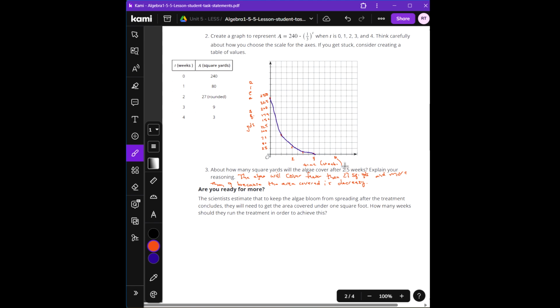So we could say that a number between 15 and 20 would be a good guess.